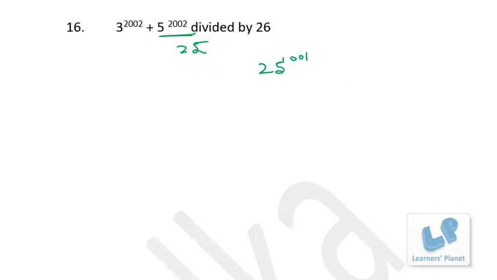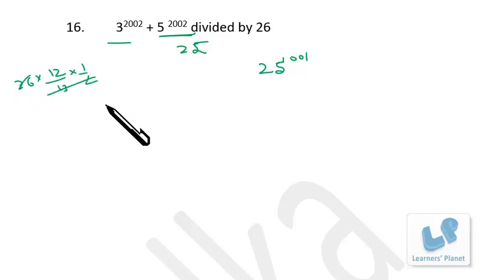Okay. Now we will find the remainder in this case, and then we will add both the remainders to find the final remainder. Now for 3 raised to 2002 and 26, we can find the Euler number. So the Euler number for 26 will be 26 into 1 minus 1 by 13 and 1 minus 1 by 2, so it's 12, right?